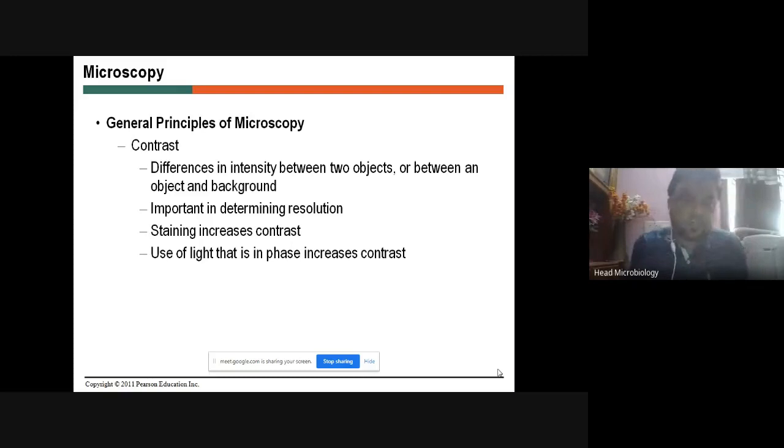Contrast plays a very important role. Generally, if the contrast is lost with magnification, we need both contrast and resolution to get a good and clear picture. Staining also helps here to increase the contrast. Staining is coloring. If you color the nucleus, or the flagella, it can be easily differentiated from its background. Hope you understood.